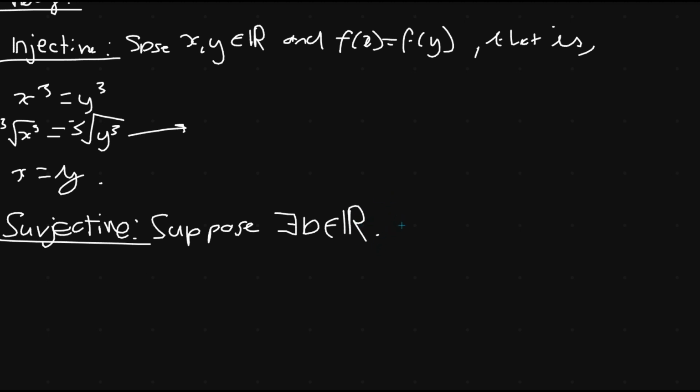And then we're going to say let x equal to, and we need to find an x such that when you take the function of x, it gives you back b.